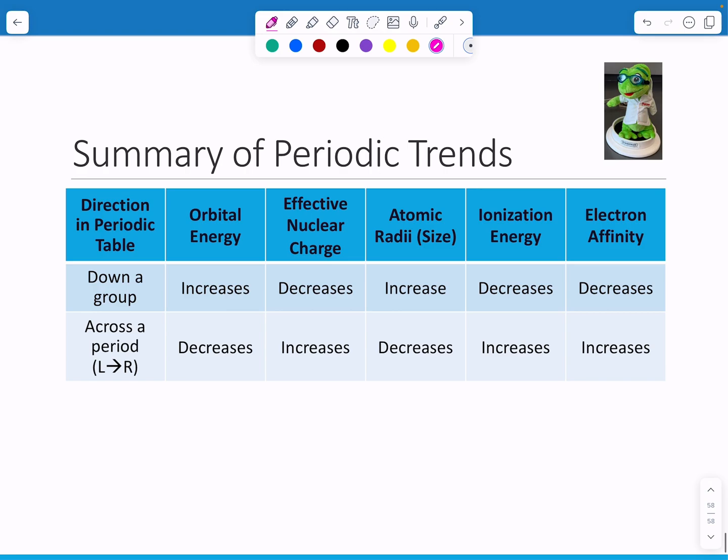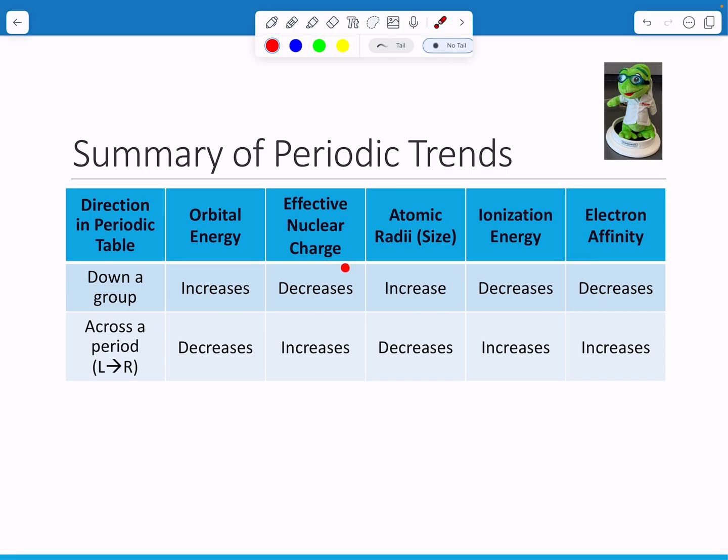All right. So let's finish by summarizing our periodic trends. As we go down a group, our orbital energy is going to increase, because we're getting more and more electrons, so we have more and more shells.